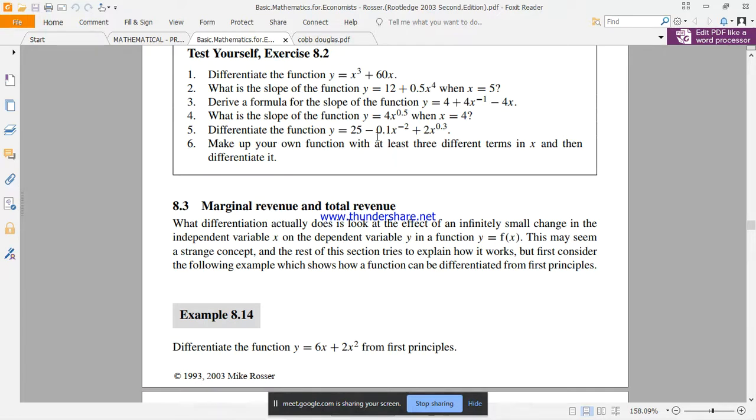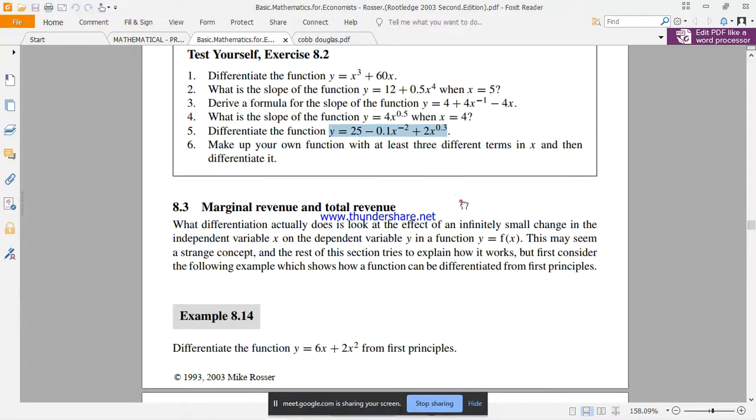Now a gentleman should give us an answer. Let's do this one, the last one. The question is y is equal to 25.0.1x raised to the power negative 2 plus 2x to the power 0.3. That is the question that we are solving.